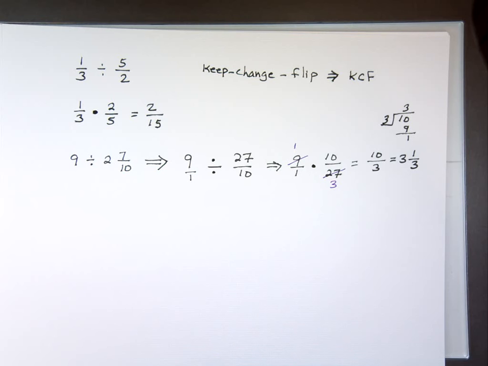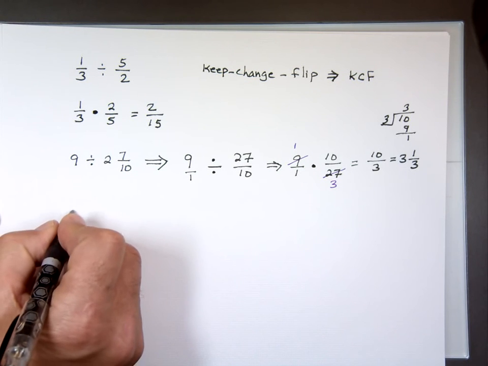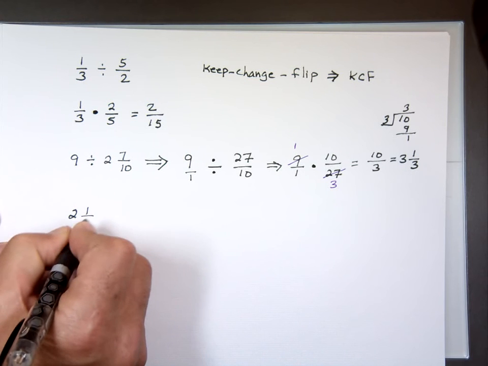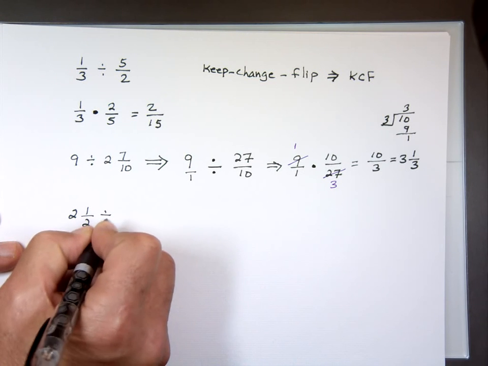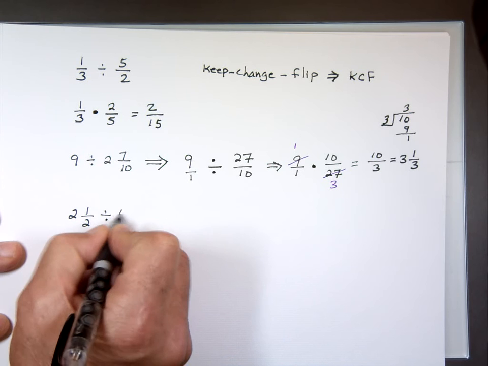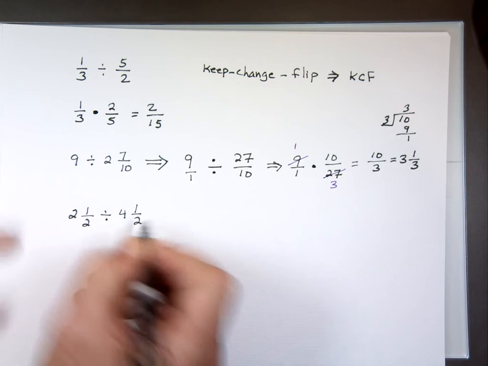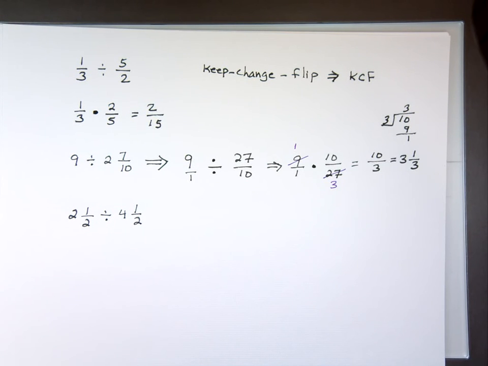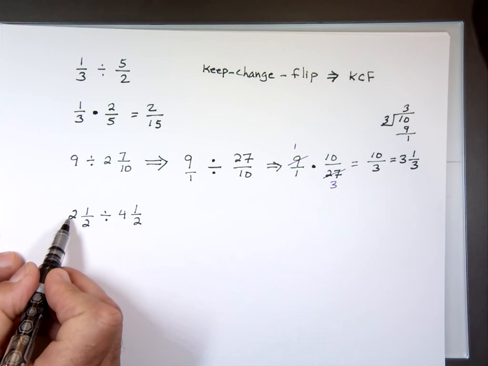Let's try another one. 2 and 1/2 divided by 4 and 1/2. Again, when you have mixed numbers, first change them to improper, then use the keep, change, and flip. 2 times 2? 4 plus 1? 5.